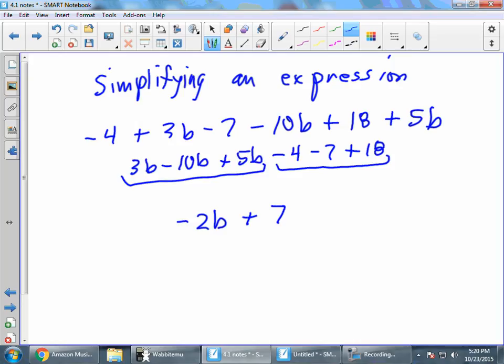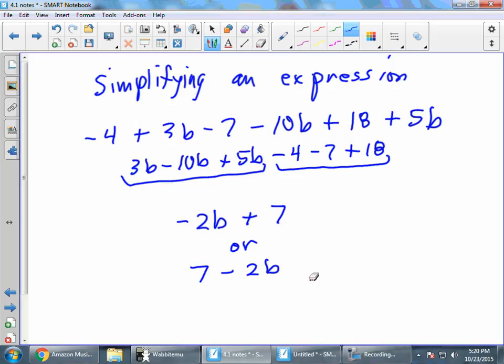And that can work fine too. You'll get the same answer, negative 2b plus 7. Oftentimes in books, you'll see this written with the positive term first, 7 minus 2b. And either answer is correct.